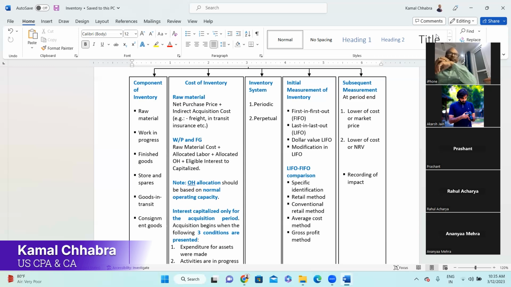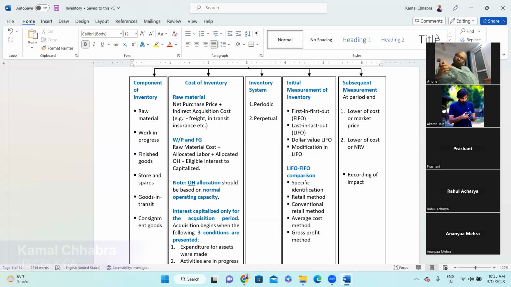Here, the difference between in-transit goods and consignment goods is that the consigner takes the ownership. If something goes wrong with your goods, he will be taking care of the insurance side, or of reimbursement for the damages. That is the reason it comes under the consignment category.